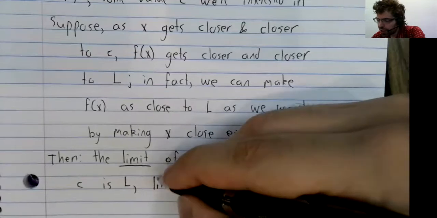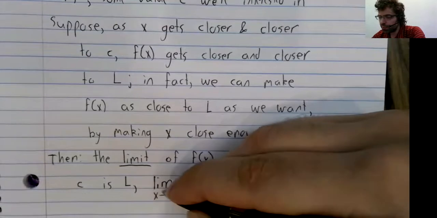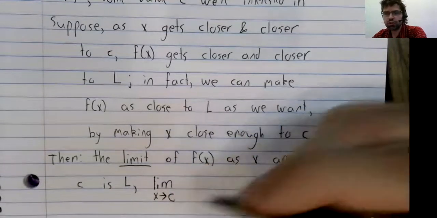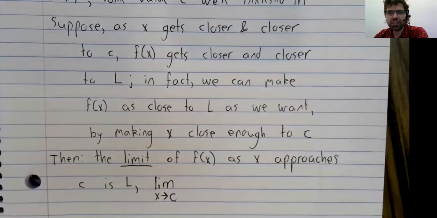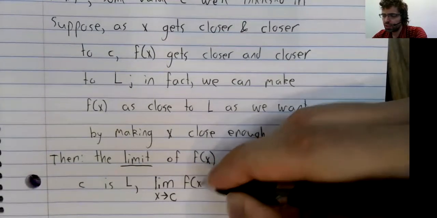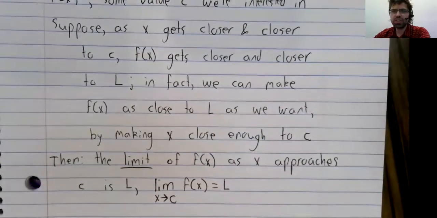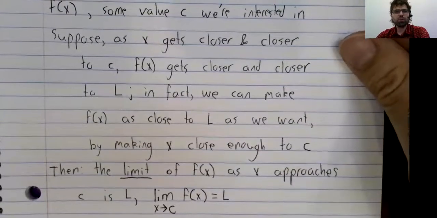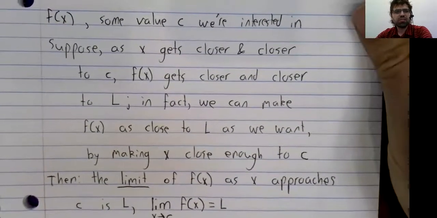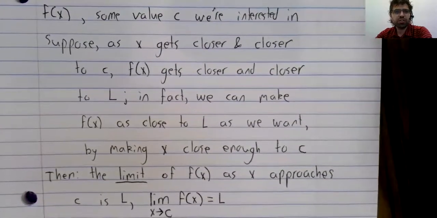The letters LIM for limit, the statement that x is getting closer and closer to c, represented as so, of f of x equals L. So this is an informal definition, but it should be good enough for our purposes.